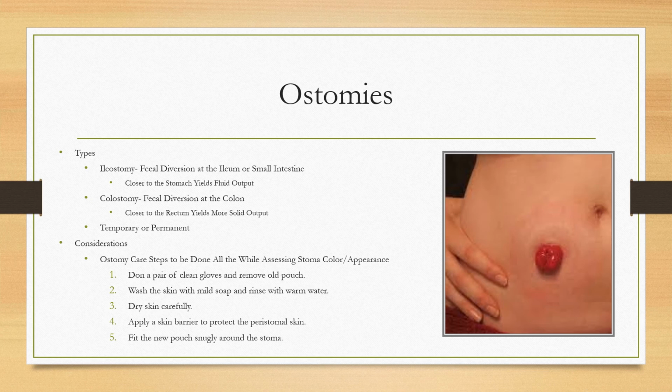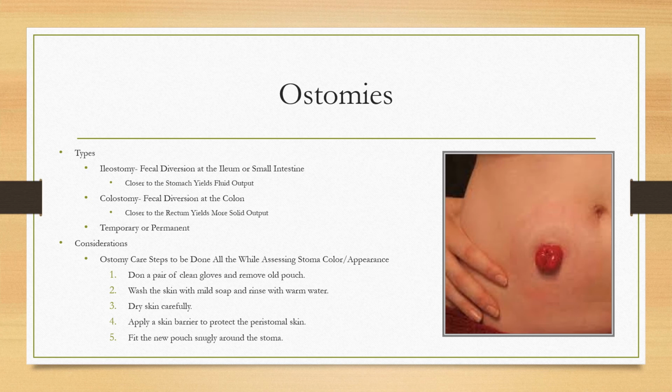Okay, so below on this slide is just explaining the steps in the care of some kind of ostomy, whether it's an ileostomy or a colostomy. So putting on a clean pair of gloves. Typically you drain the old pouch first, and then you remove the pouch, okay, once it's been drained of liquid stool. And then gently washing the skin around the ostomy with mild soap and warm water.